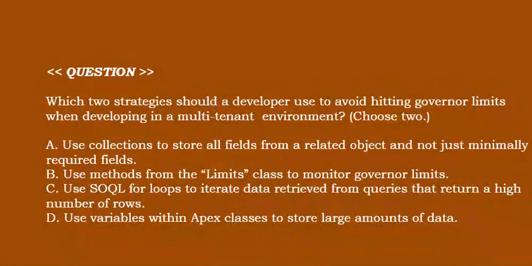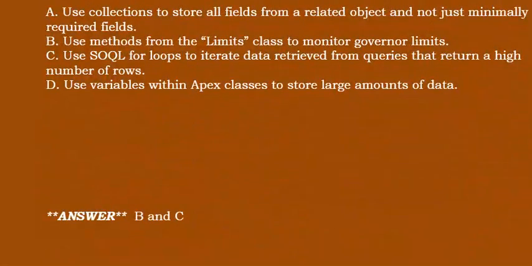Option C, use SOQL for loops to iterate data retrieved from queries that return a high number of rows. Option D, use variables within Apex classes to store large amounts of data. Correct answer is option B and option C.